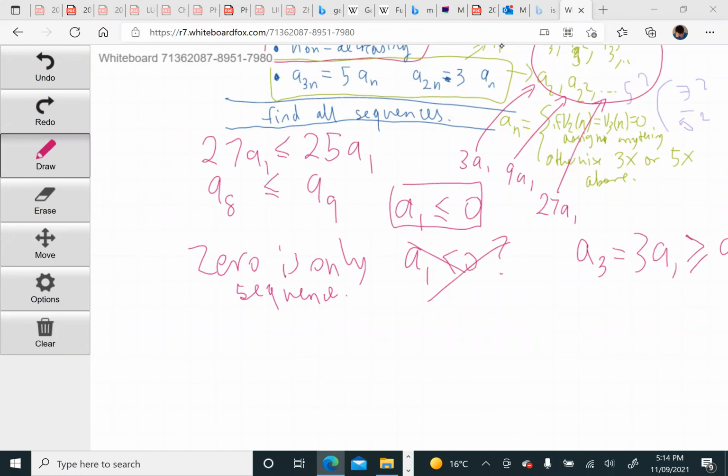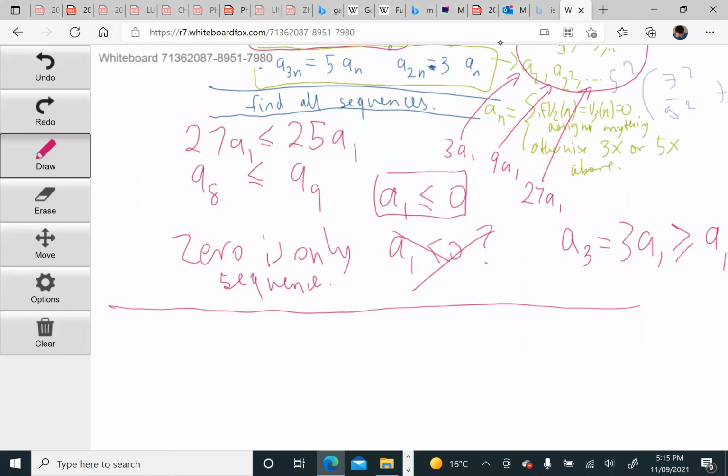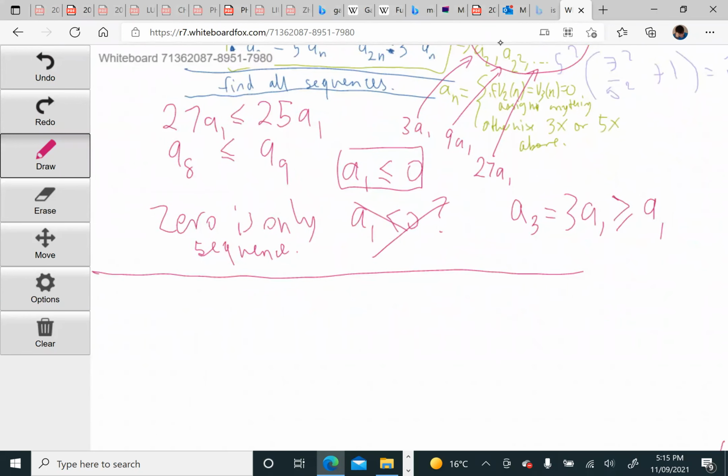So I've said 0 works, and I've said A1 has to be 0, yeah, but the conclusion from that does not mean 0 is the only sequence. It could be true that 0 is the only sequence, but the reasoning hasn't established it.